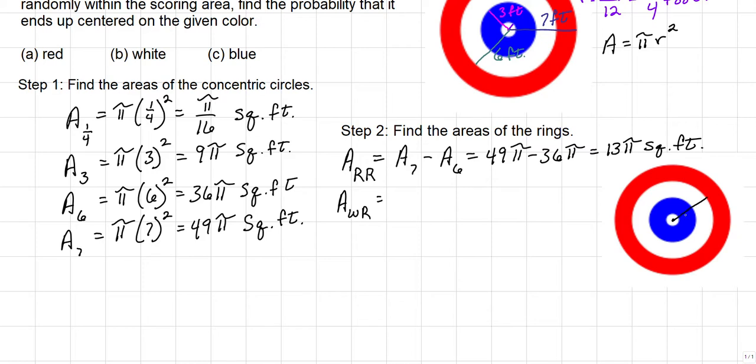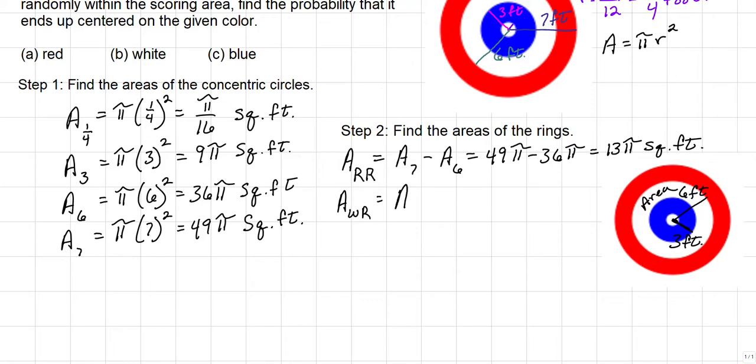taking the area of the circle that has a 6-foot radius and subtracting the area of the circle that has a 3-foot radius. And that will give me the area of the white ring.